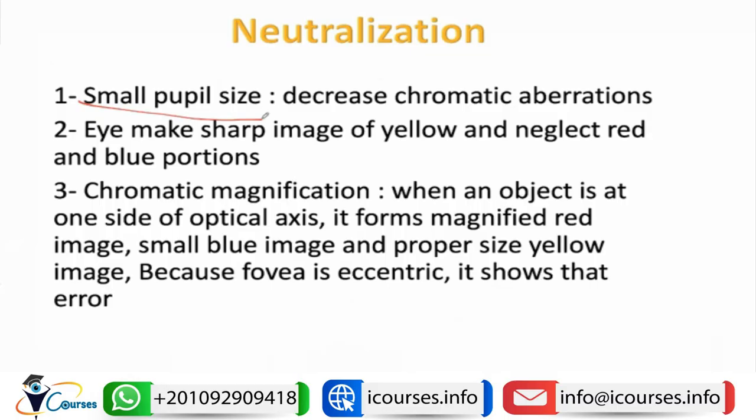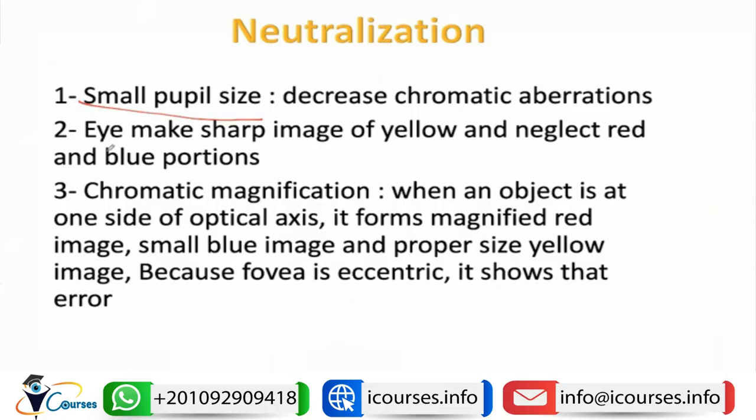This small pupil size will limit the amount of peripheral light rays that enter the eye, which would undergo the prismatic effect that leads to chromatic aberration. So a small pupil size allows only the axial or paraxial rays to enter the eye, so that this light will have minimal spherical aberration due to minimal dispersion.